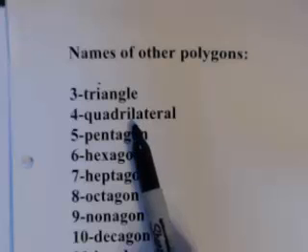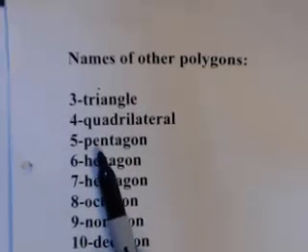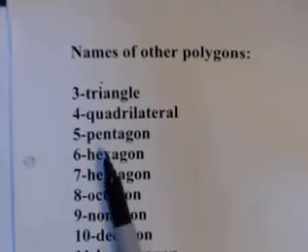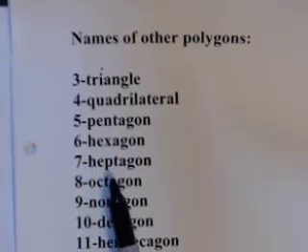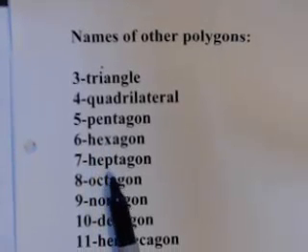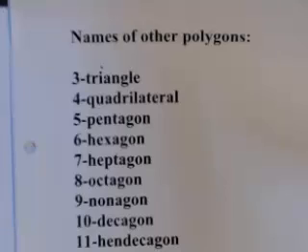But in your textbook, they use tetra as the prefix for 4. 5 is penta, 6 is hexa, 7 is hepta. We don't talk very much about a heptagon, and it's because when we try to find the number of degrees, we end up with a fraction for each, if we're talking about a regular heptagon.